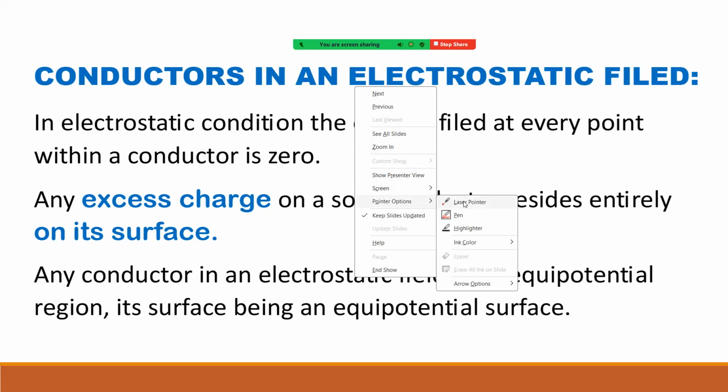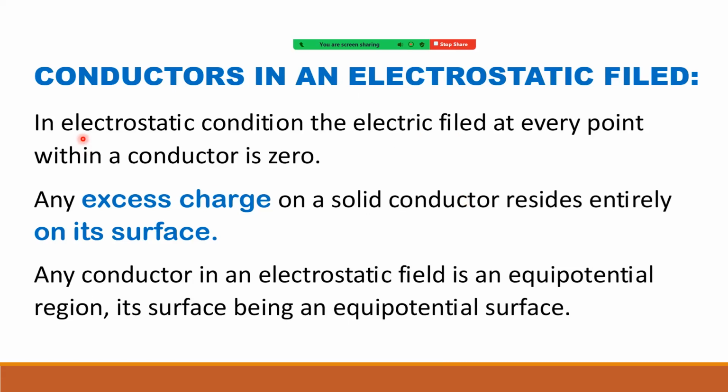That's the first point. In electrostatic conditions, the electric field at every point within a conductor is 0. Any excess charge on a solid conductor resides entirely on its surface, right? This is what we have seen in the case of a cavity.